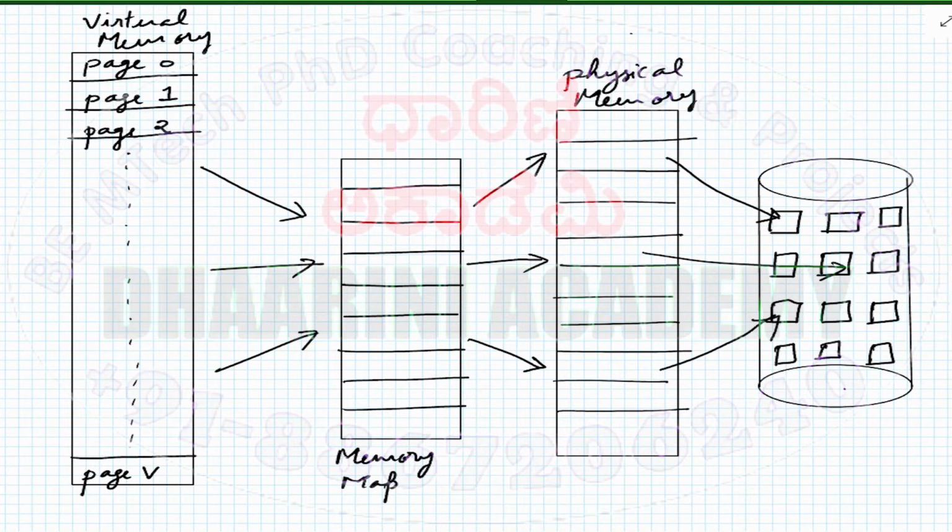So this is the physical memory, which could be hardware cells. This is how the virtually created space is linked to the physical memory by using the memory map.